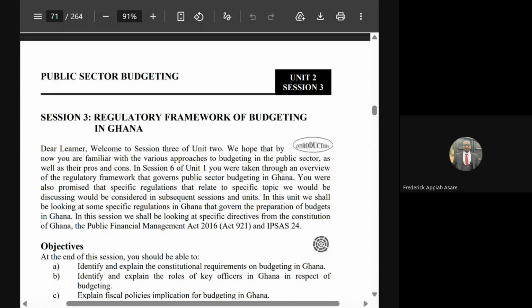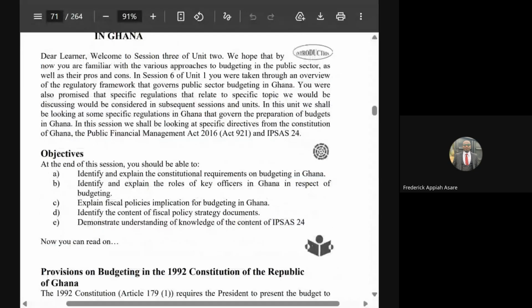Now let's look at the regulatory framework. That is, when it comes to budgets in Ghana, what are the things that govern its preparation? These are the laws that govern the preparation of budget.